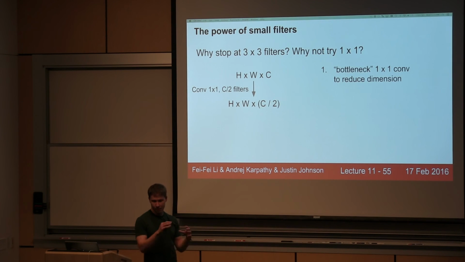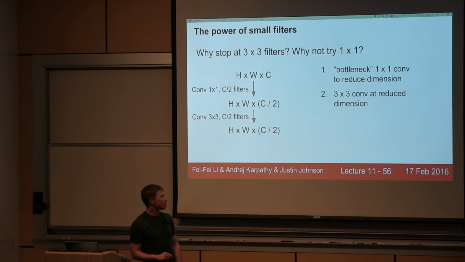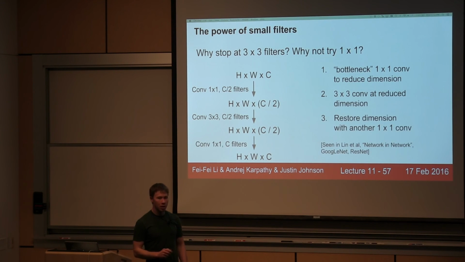Now it has the same spatial extent, but half the number of features in depth. After this bottleneck, we do a 3x3 convolution at this reduced dimensionality, so it takes C/2 input features and produces C/2 output features. Then we restore the dimensionality with another 1x1 convolution to go from C/2 back to C.